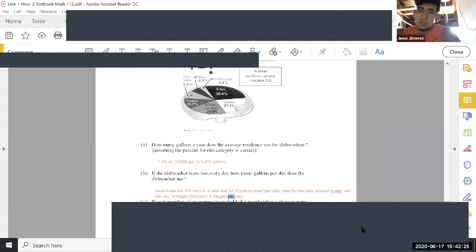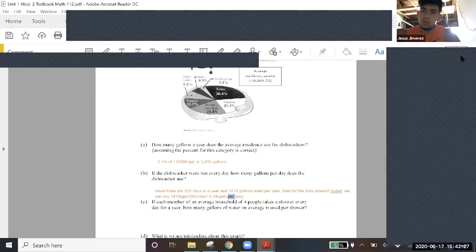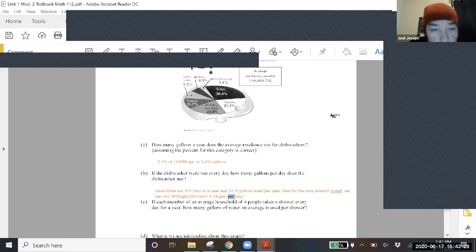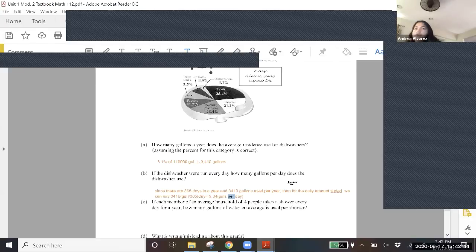Okay, so if each member of an average household of 4 people takes a shower every day for a year, how many gallons of water on average is used per shower? So would I have to do the 21.2% of 110,000 gallons first? Yes, that's correct.